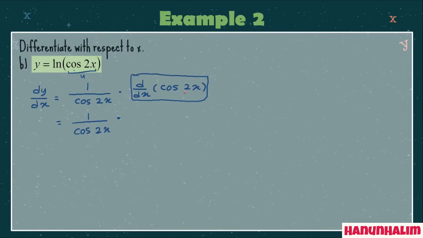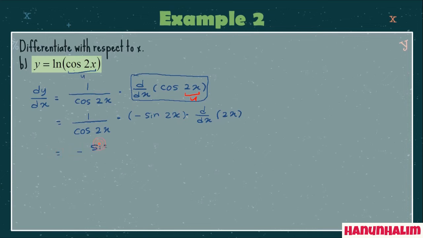Bila cos 2x ni dia macam cos u lah. Okay, part 2 subtopic 3.3 differentiate trigo. So bila cos u, macam mana nak differentiate cos u? Cos differentiate akan dapat negative sin cos u. So negative sin u, u dia 2x. Lepas tu kita darab dengan d over dx 2x. Okay, so lepas tu yang depan ni sebenarnya kita boleh simplify je.